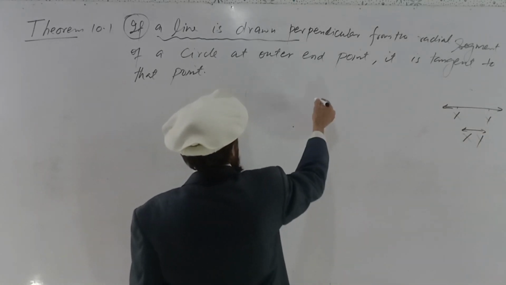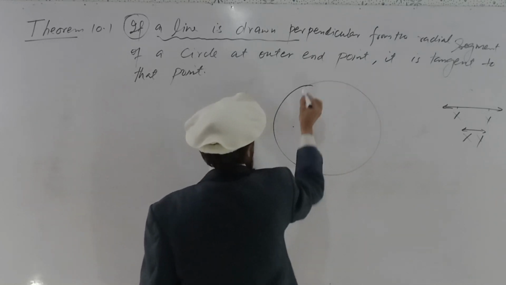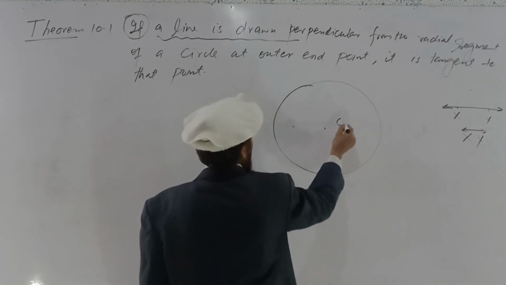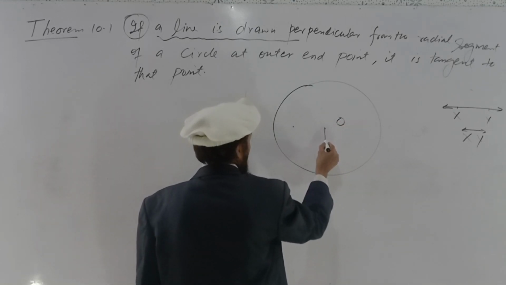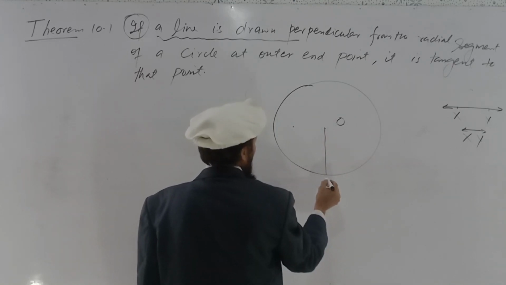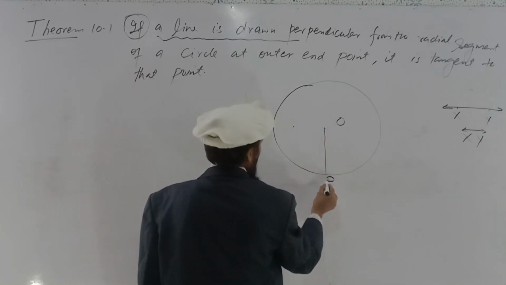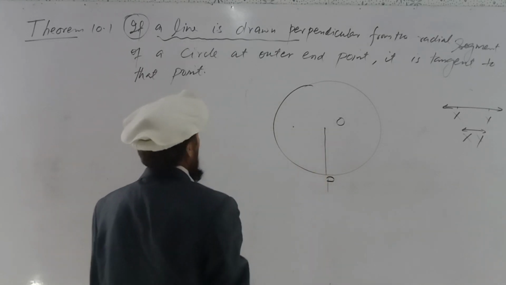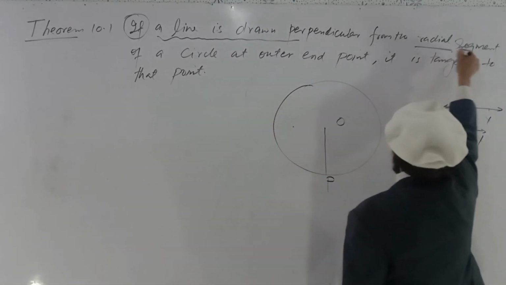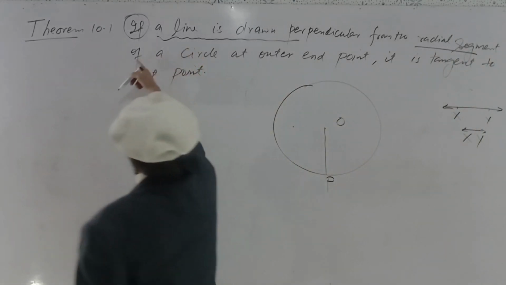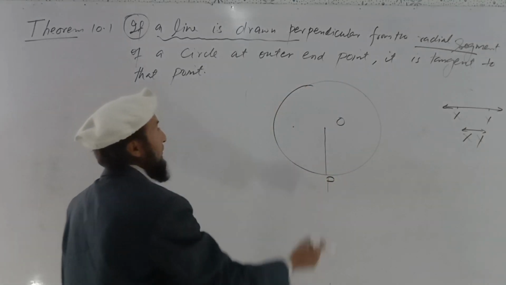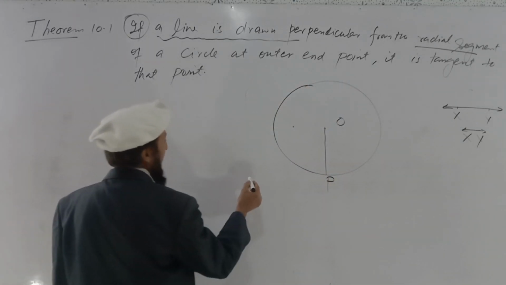So now we take a circle, O is the center, and OP is the radial segment. From the radial segment, a line is perpendicular at the outer end point. P is the outer end point. It is tangent. We want to prove that.